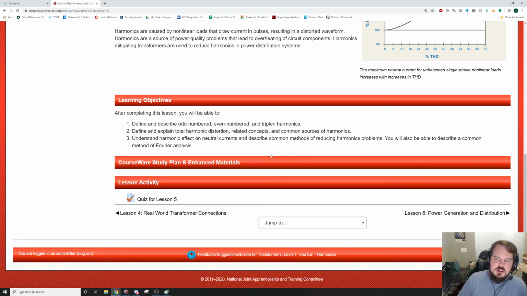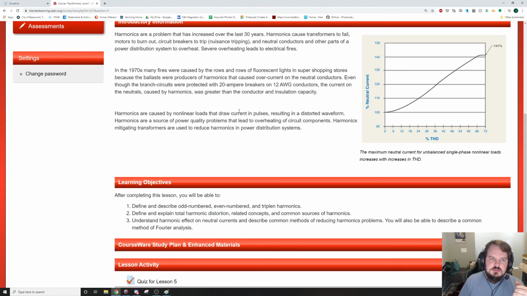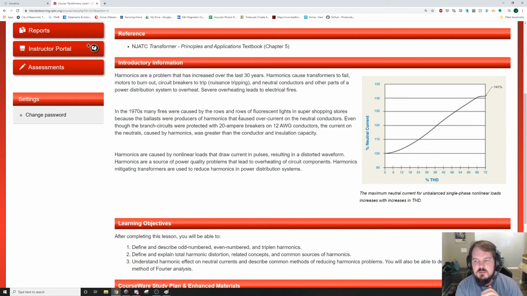Harmonics are where there are other frequencies inside the same line, and it causes all sorts of issues. Like you can see in this little introduction, it's been increasing more and more as we get more computers, and these little charging blocks cause harmonics.